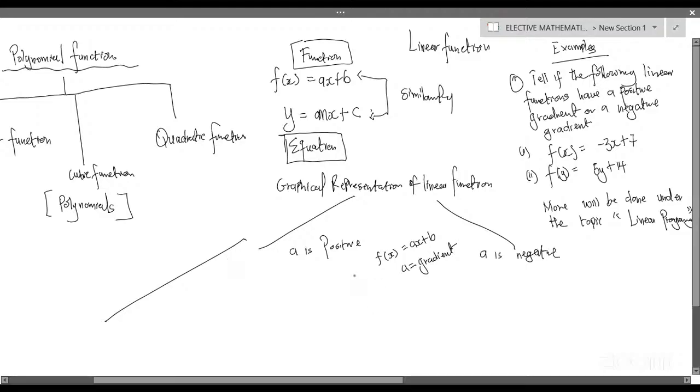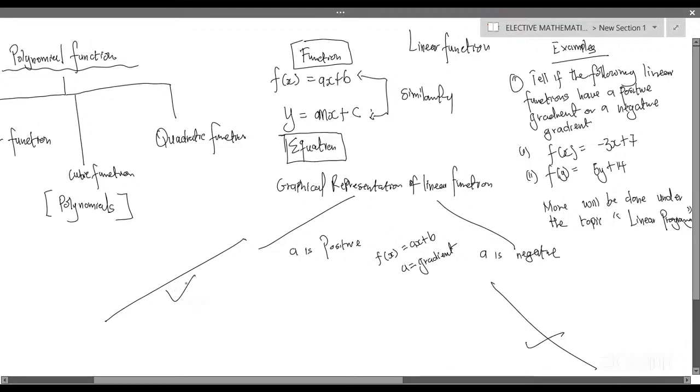So when you find the gradient of a straight line, you realize that gradient is negative. You know that graph will not go this way, but rather go which way? This way.